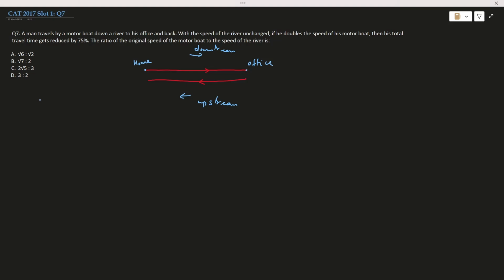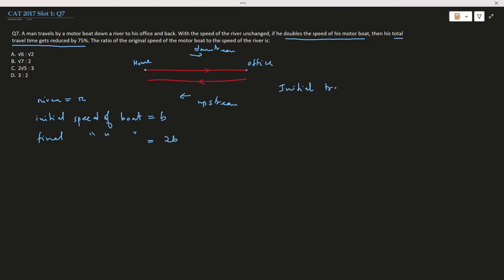Let's say the speed of the river is small r, the initial speed of the boat is b, and the final speed of the boat is 2b, because he is doubling the speed of his motorboat. Now, what is the total time? We are told that the total travel time gets reduced. What is the initial total travel time?